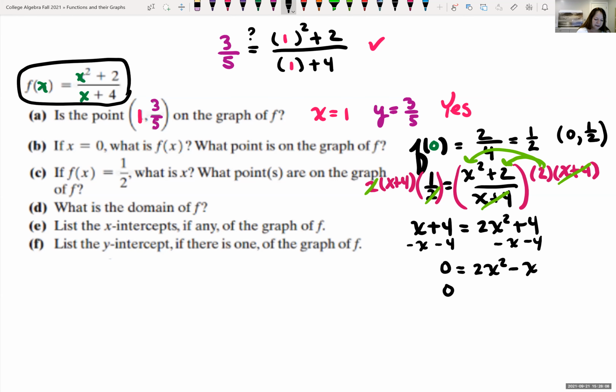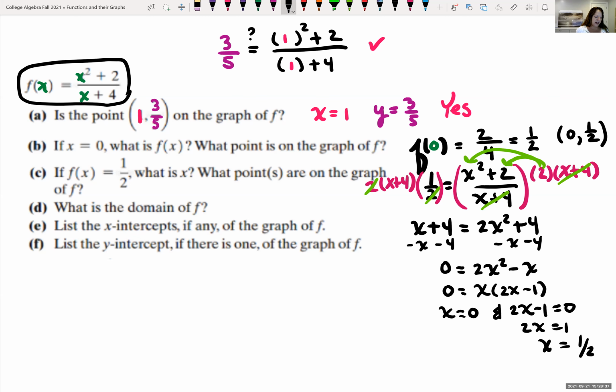To solve this, we factor out an x, which gives me x times 2x minus 1. Set each factor equal to 0. So this occurs when x equals 0 and when 2x minus 1 equals 0. Solving that, add 1 and then divide by 2, so 2x equals 1, x equals 1/2.